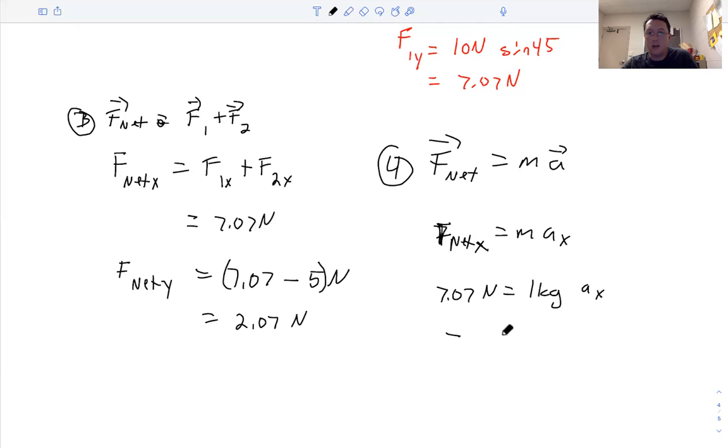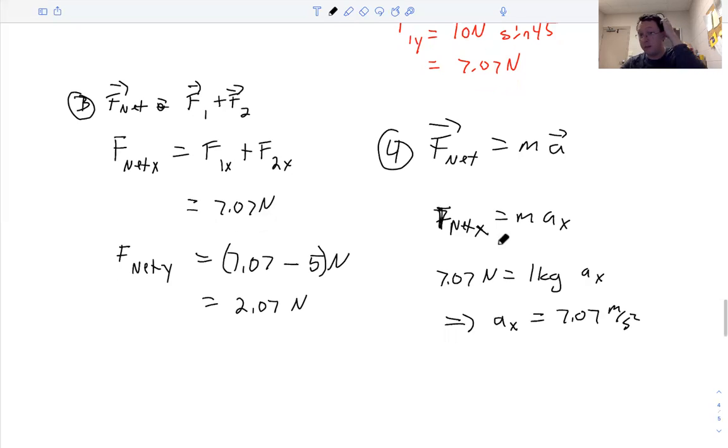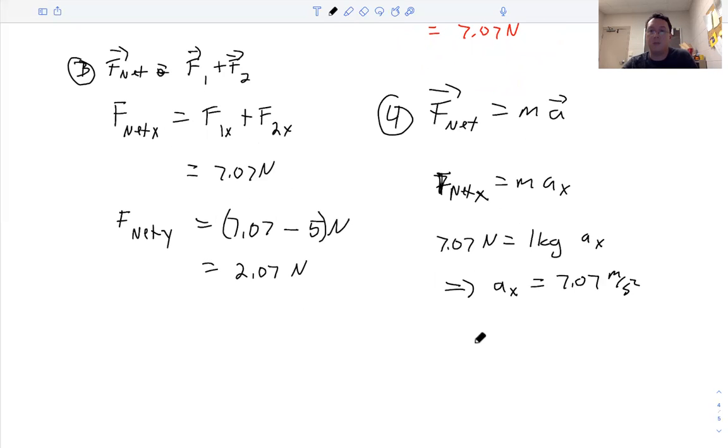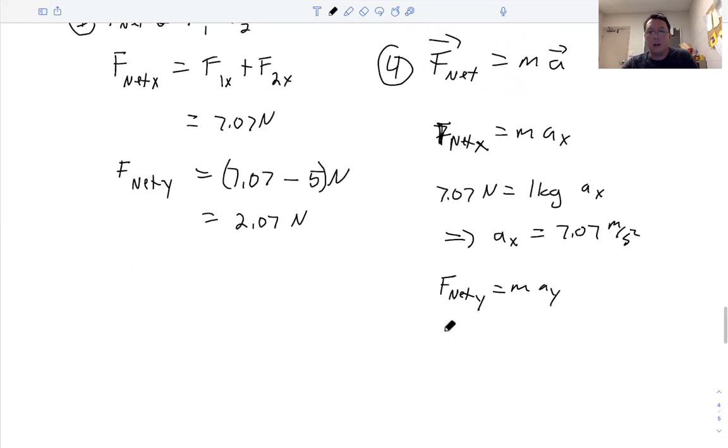And I can solve for AX using the definition of Newton. You see that gives meters per second squared. And in the y direction, I just write it all out. So I solve for AY equal to 2.07 meters per second squared.